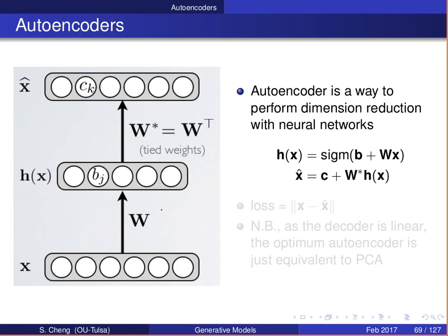Now the autoencoder is essentially trying to do the dimension reduction by building a neural network such that I start with the input and, after a while, recreate the original input at the output.